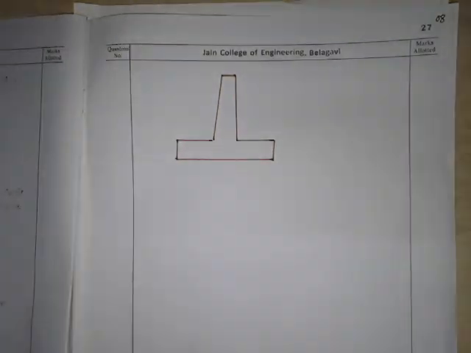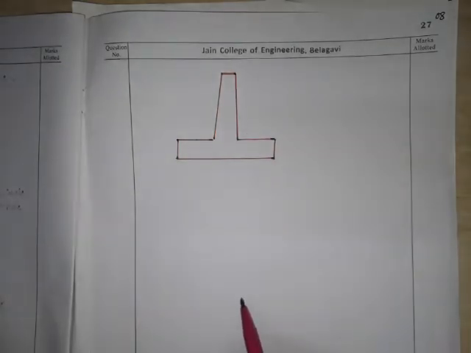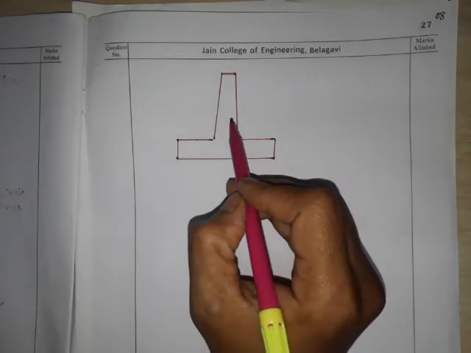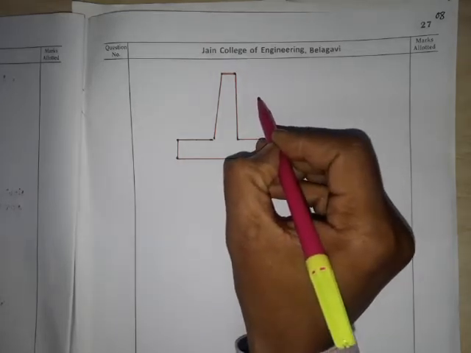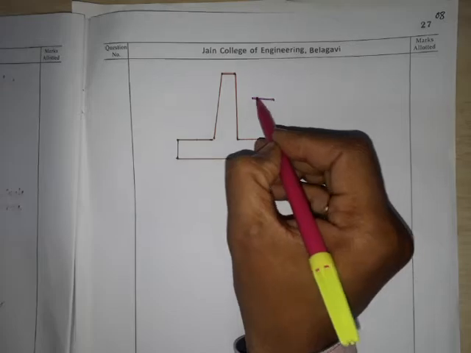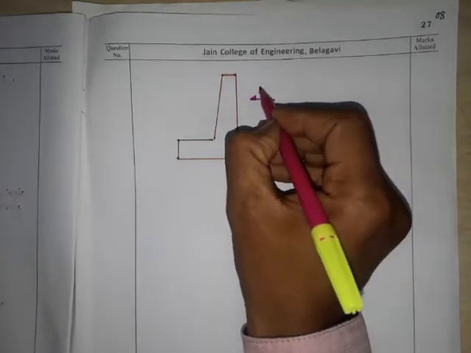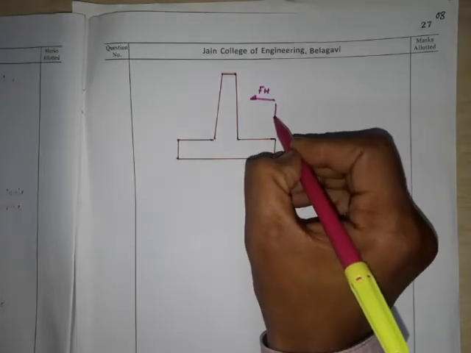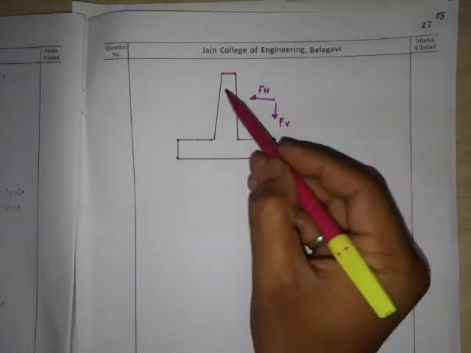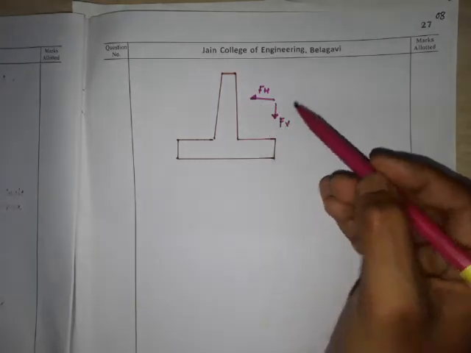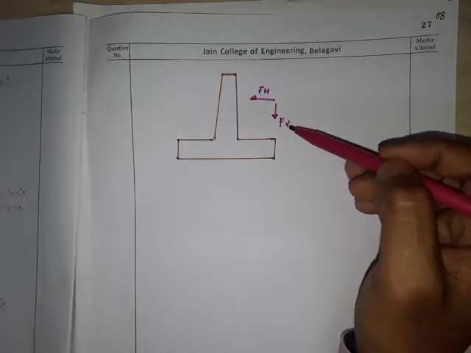So we have the retaining wall here, and this retaining wall has to resist basically two forces: one is the horizontal force, I can call it FH, and one more is the vertical force, FV. Horizontal force due to lateral earth pressure, and vertical force due to the dead weight of the soil, that is the self weight of the soil.